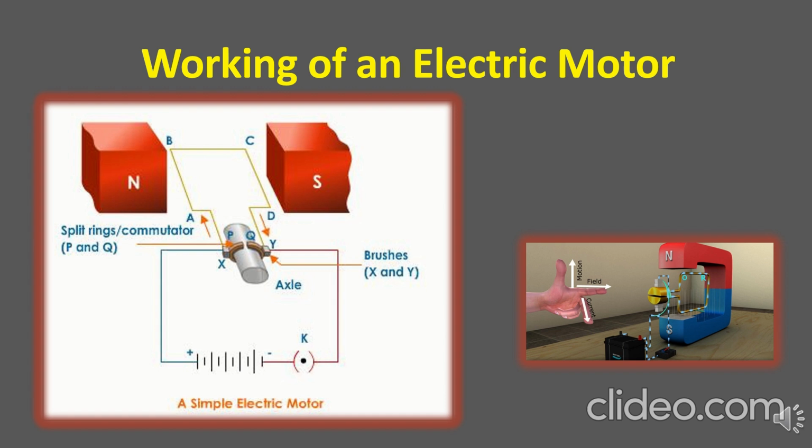Therefore, the force is exerted on the branch DC in the downward direction, and on the branch BA in the upward direction, and the loop continues to rotate in the anti-clockwise direction. Thus, the current in the loop is reversed after each half rotation, and this is the way the electric motor works.